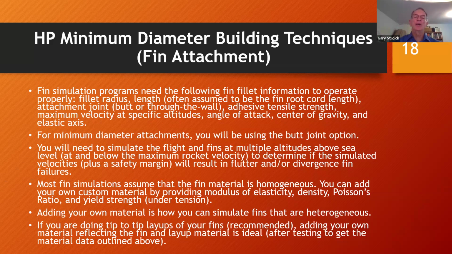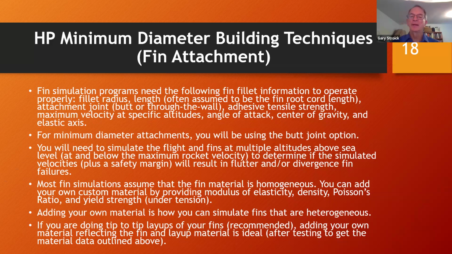So you'll also need to look at the material you're using for the fin. Sometimes the material is not homogeneous. If you have plywood, it's probably the same wood, but it's at different angles within the plywood, from when the plywood was made.